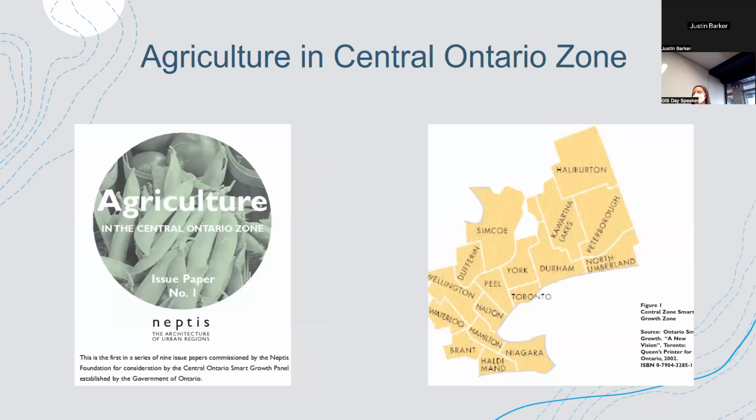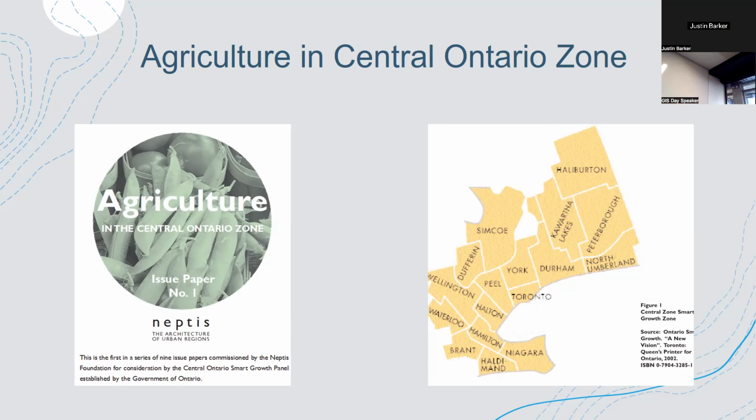And so to prepare for this, I began looking for resources out there that provide information about the percent of agriculture in a given area. And the first piece of information I came across was this report by Neptis, the agriculture in Central Ontario zone. And so it covers the perfect area, across Central Ontario, from Peterborough all the way down to Niagara.